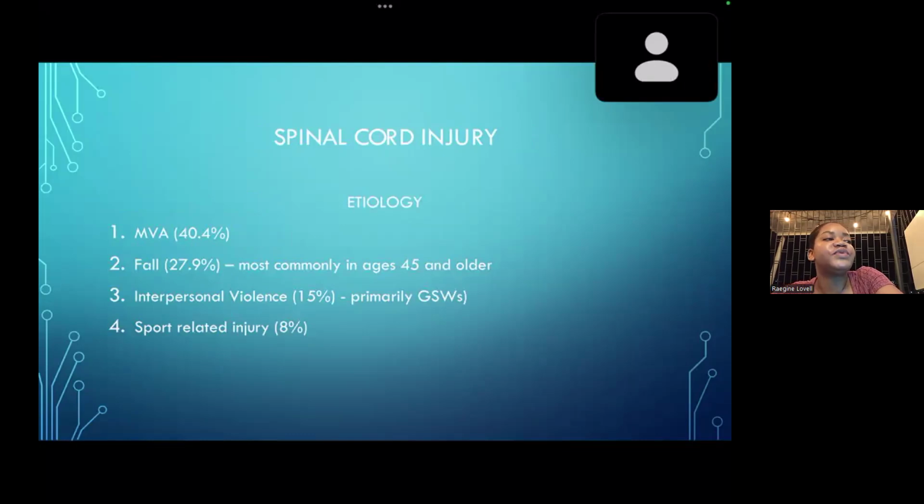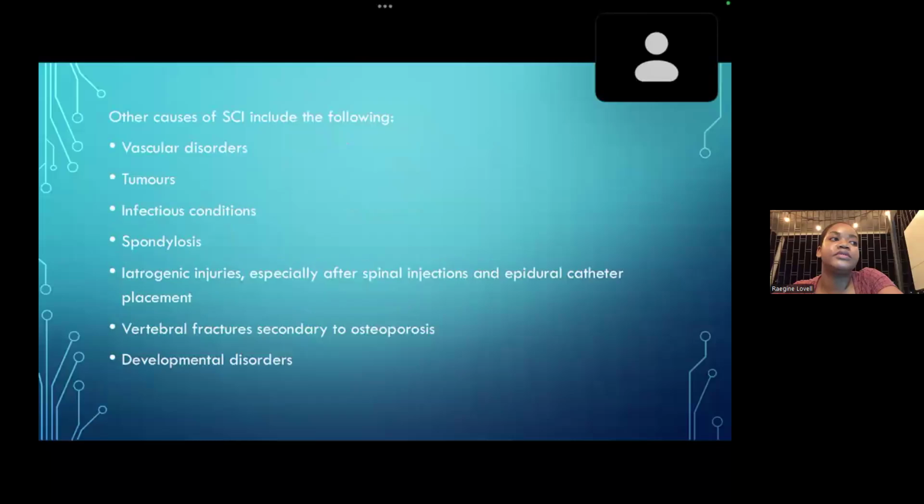Fourth on the list, we have sport-related injury, and the most common cause of sport-related spinal cord injuries would be diving. Other causes for spinal cord injury include vascular disorders, tumors, infections, spondylosis, iatrogenic injuries, vertebral fractures, and developmental disorders.